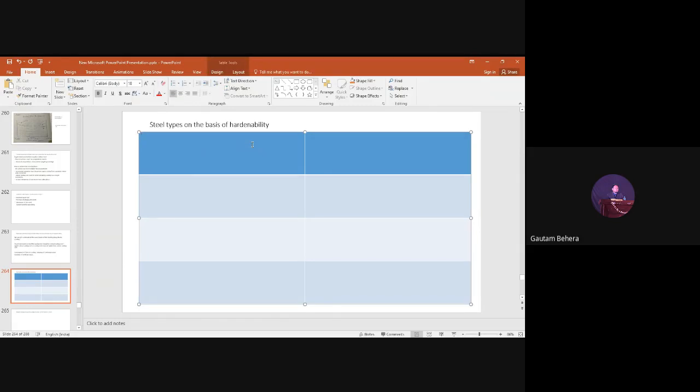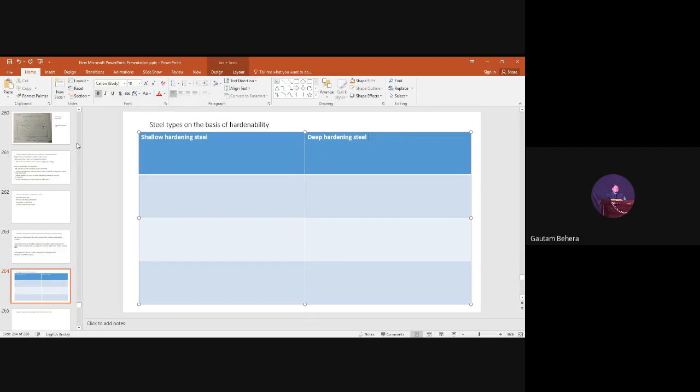One is shallow hardening steel, and another one is deep hardening steel.